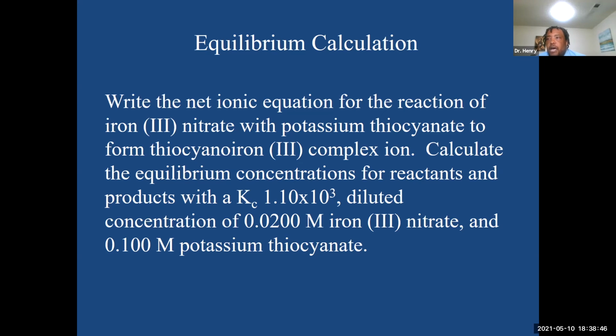Calculate the equilibrium concentration for the reactants and the products with a Kc equal to 1.10 times 10 to the third, and diluted concentrations of 0.0200 molar iron 3 nitrate and 0.00 molar potassium thiocyanate.